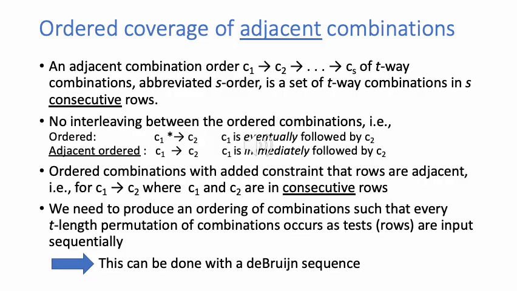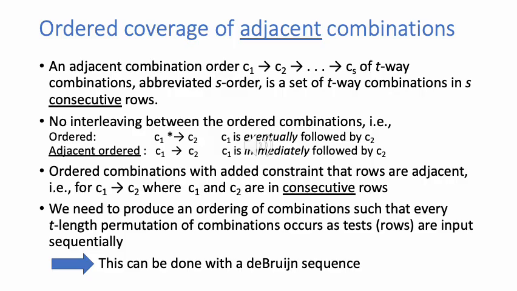and we need to be able to produce an ordering of combinations. What this amounts to is that every T-length permutation of combinations occurs as a set of test rows in some sequential inputs so that they occur as the tests are executed in every permutation for the combinations of values.